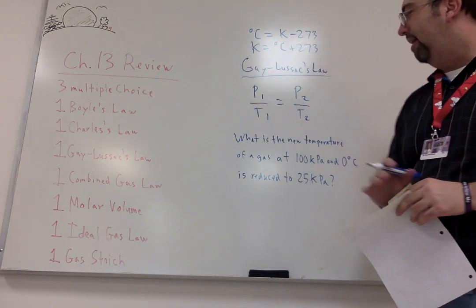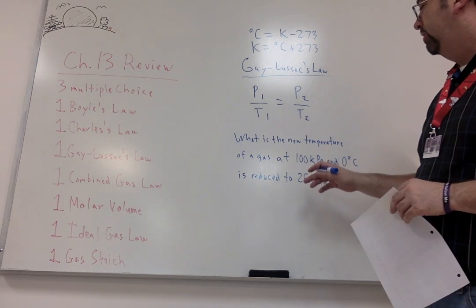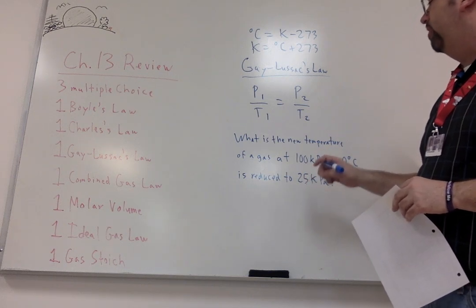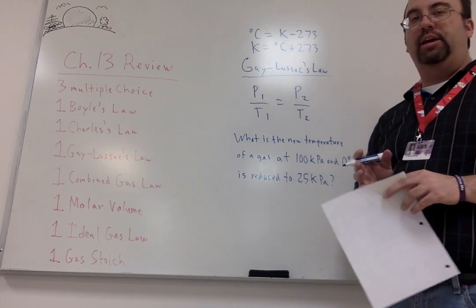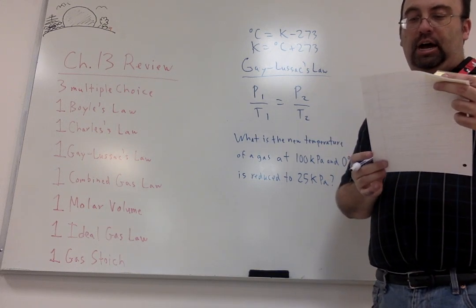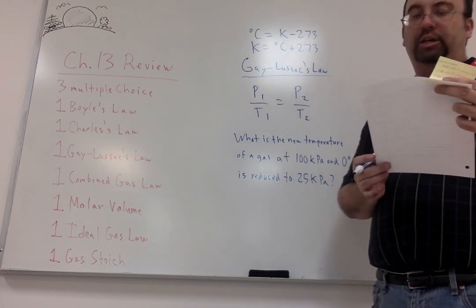Notice that we have a change in pressure, and so we need to then figure out what the new temperature is going to be. And so the temperature, as we can expect, is going to change as well.